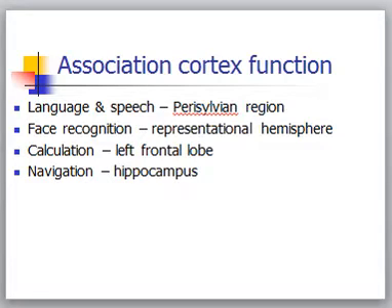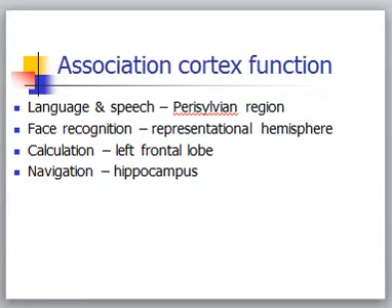Now let us elaborate a little. The language functions depend more on one cerebral hemisphere than on the other. The hemisphere concerned with language is called the dominant hemisphere, and the other is the non-dominant hemisphere.